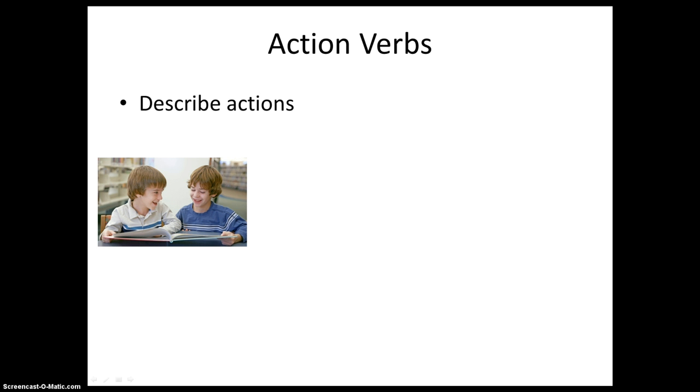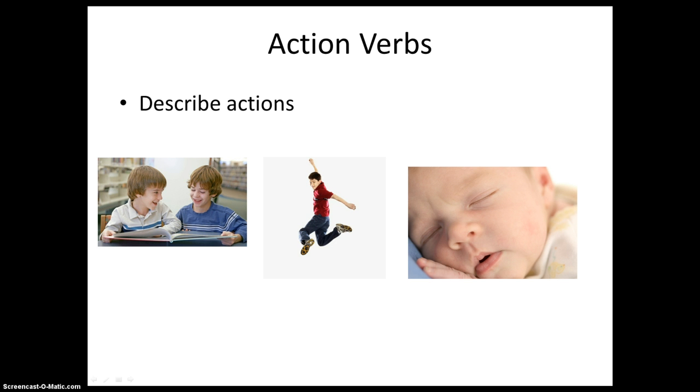You can be reading, jumping, or sleeping. I hope that you're not sleeping now, but these are all actions that you do, and action verbs are the most common type of verbs that we use in our composition because your character must be doing something. I think you are very familiar with this, so we're going to move on.